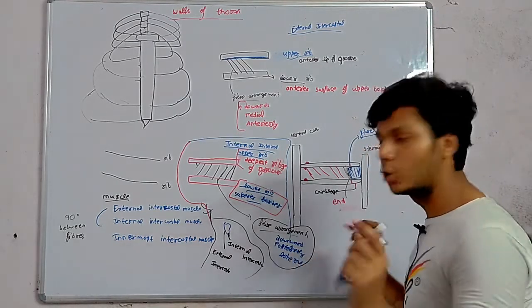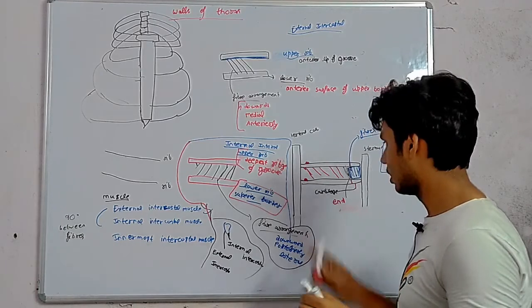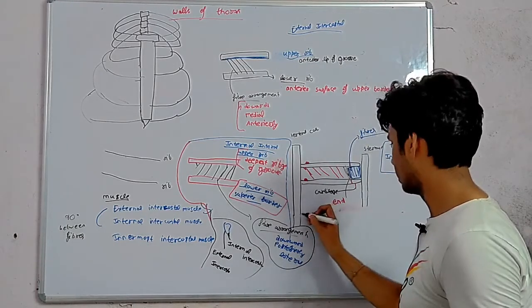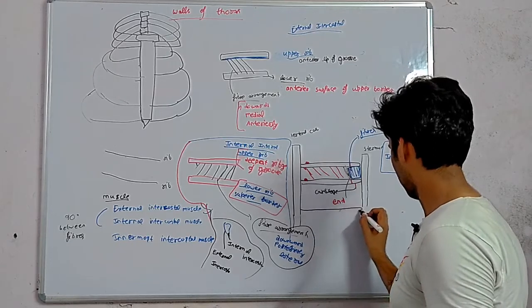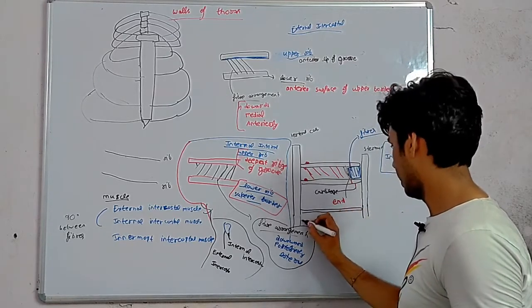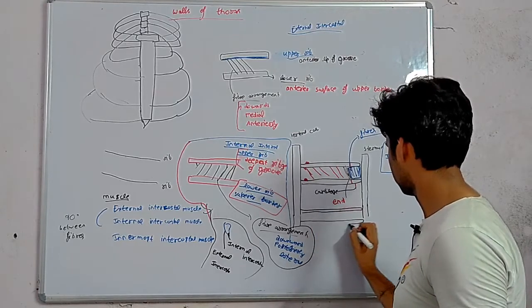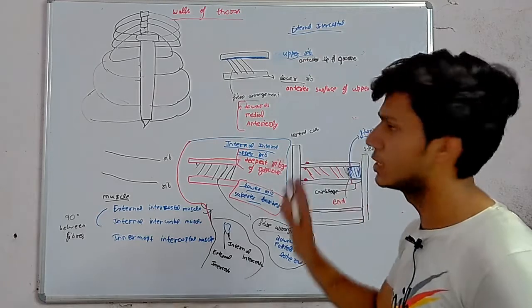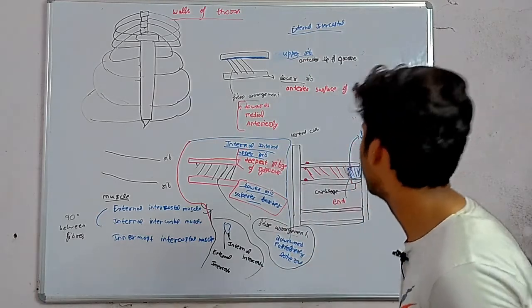Now again we draw two ribs for the arrangement of this muscle, to understand, this rib and this rib. Now this muscle attachment is just opposite to the external intercostal.